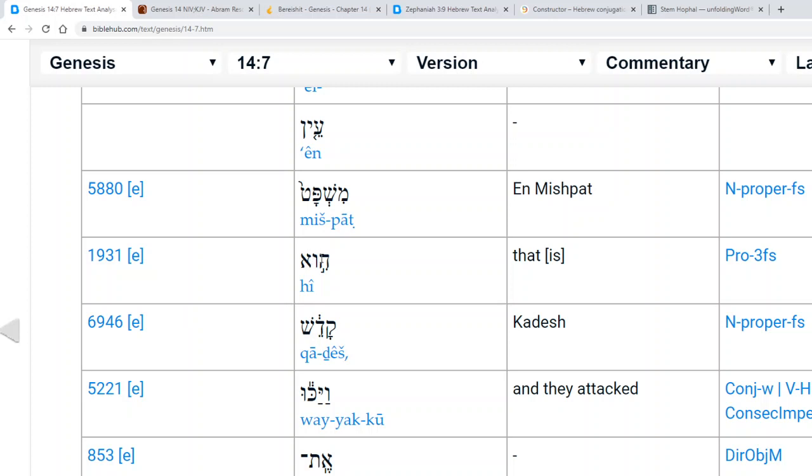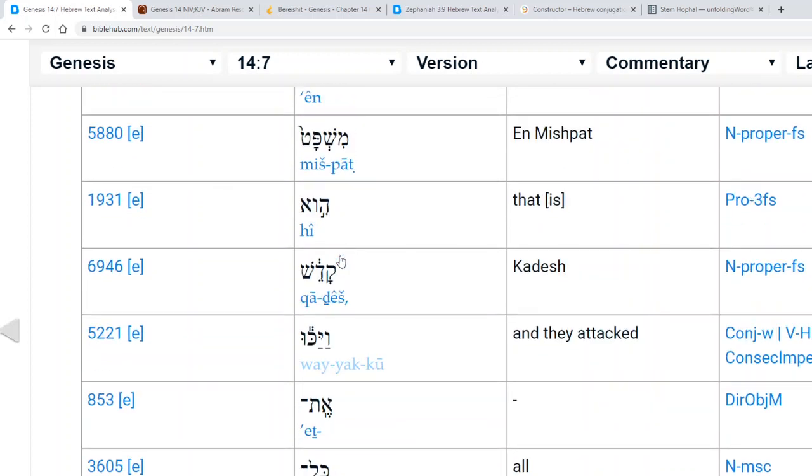I guess if you want to keep track of that, you could. I haven't been pointing it out because most of the places he is written with a vav. A few places it's written with a yod.